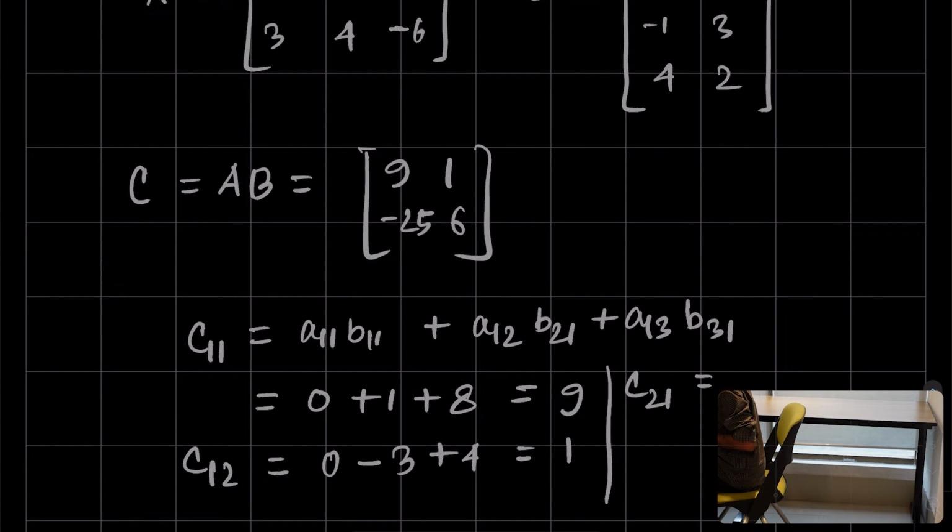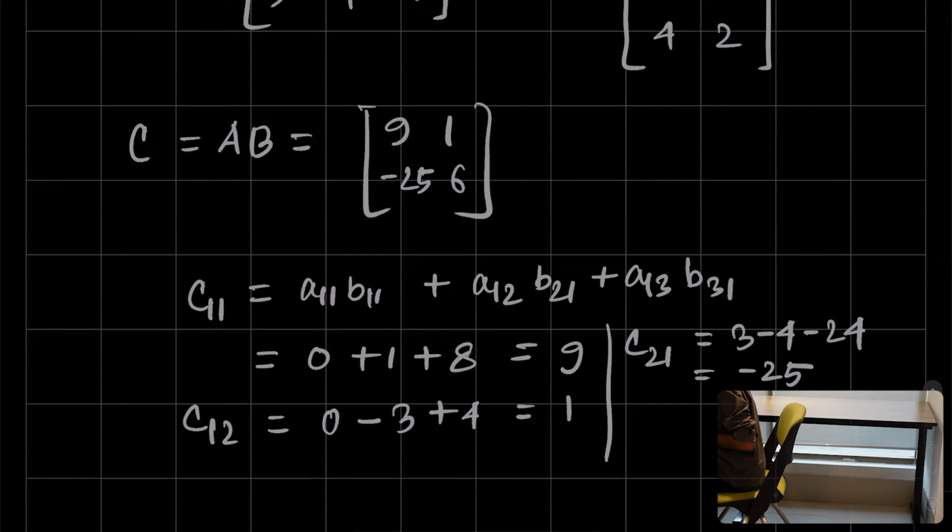C21 will be 3 minus 4 minus 24, which equals minus 25, and C22 is equal to 6 plus 12 minus 12, which equals 6. Okay.